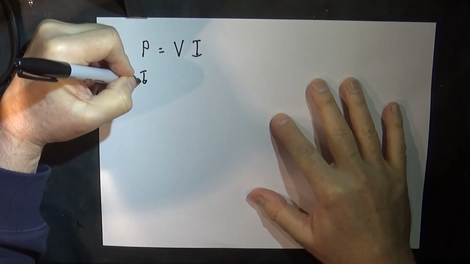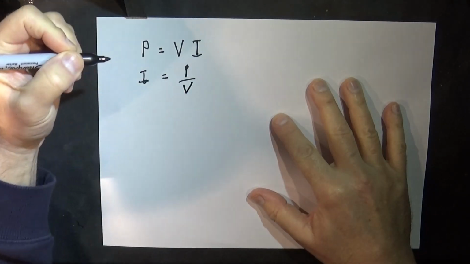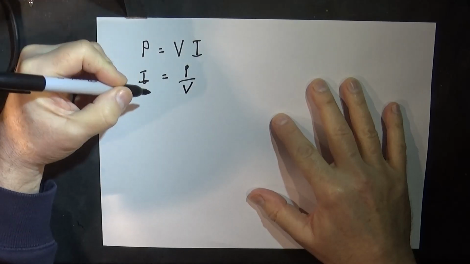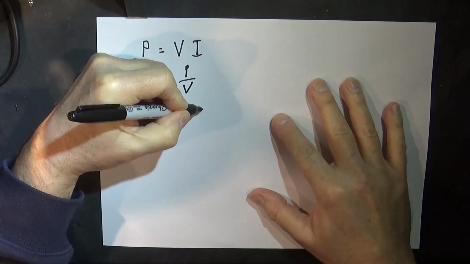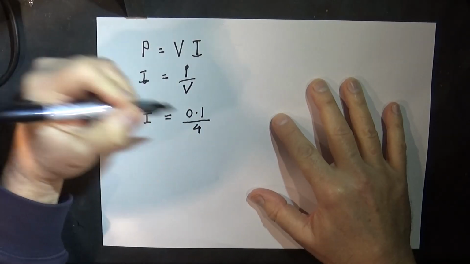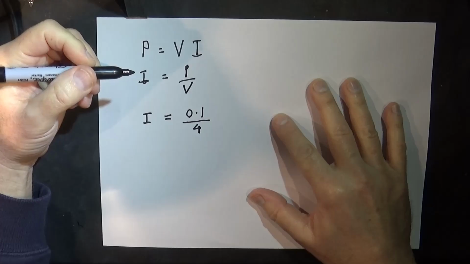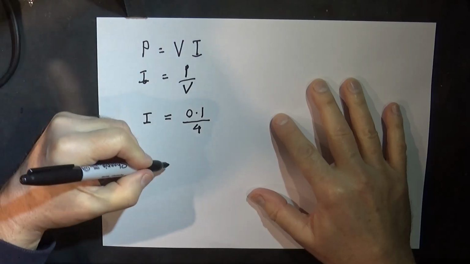So I equals P over V. Well, it's rated 200 milliwatts, so let's call the power 100 milliwatts, or 0.1 of a watt, and the volts is 3.9, and we're going to call that 4, just for ease of mental arithmetic.